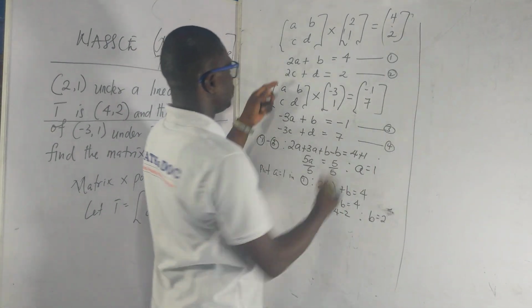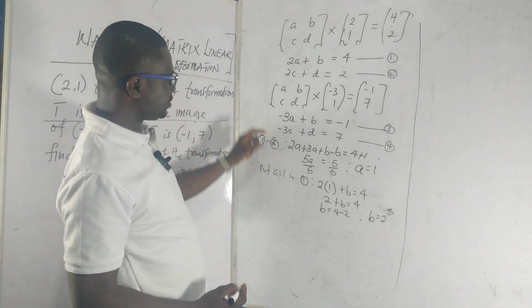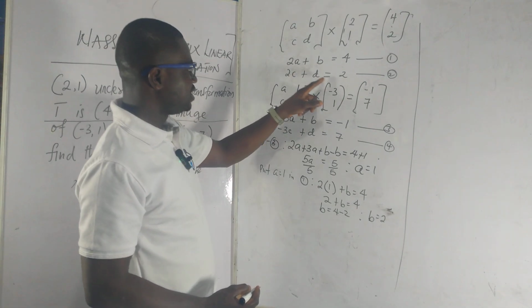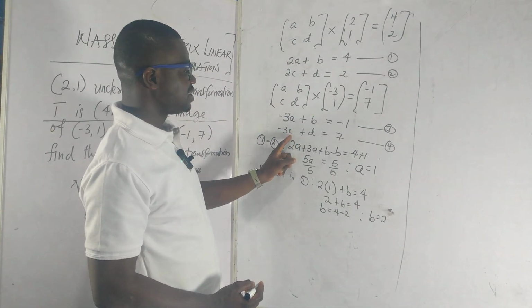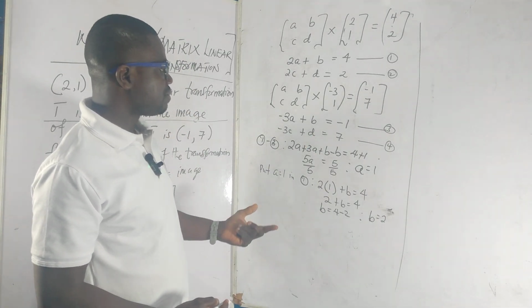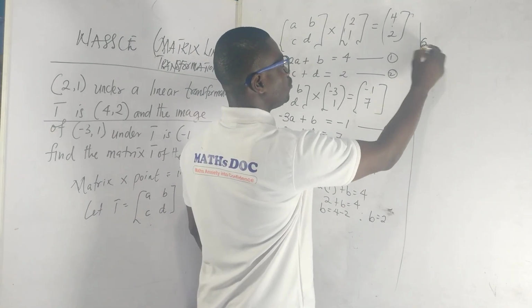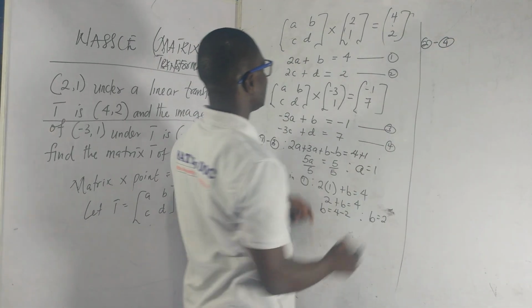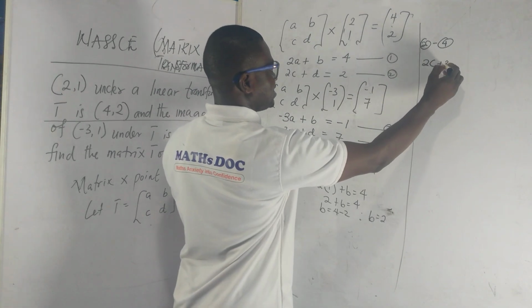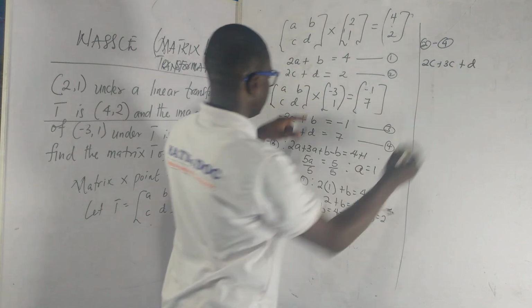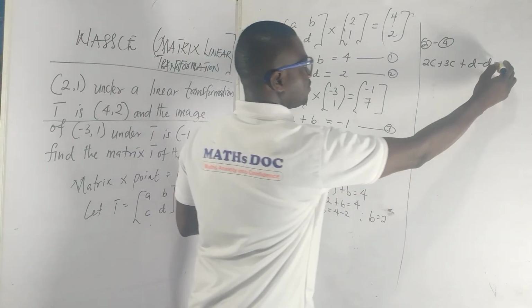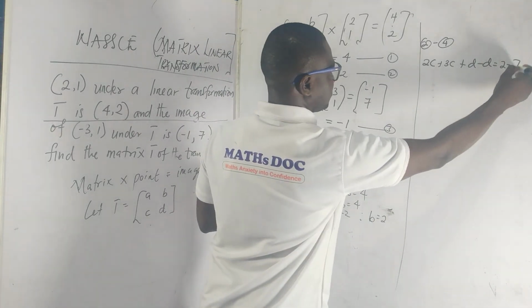Looking at this, we have equation 2: 2c plus d is equal to 2, and equation 4: -3c plus d is equal to 7. So we take equation 2 minus equation 4. Equation 2 is 2c minus (-3c), so plus 3c, then d minus d, is equal to 2 minus 7.